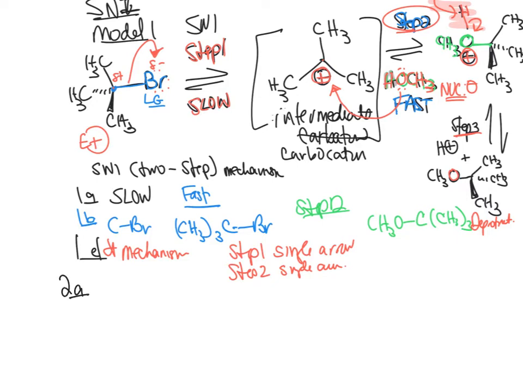The mechanism for an SN1 reaction occurs in 2 steps, as shown in Model 1. As a group, discuss why the first step is slow and the second step is fast. Okay, well, this is all getting you to understand that the rate of this reaction is proportional to your electrophile only.